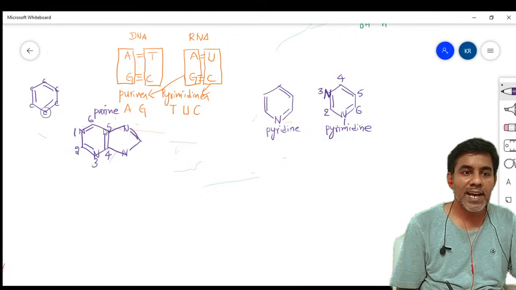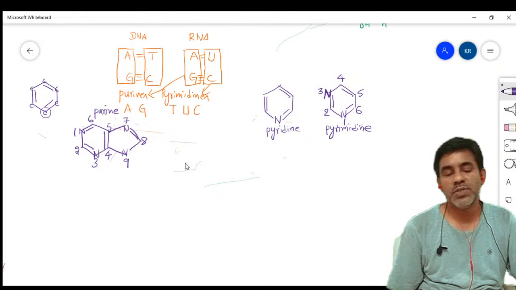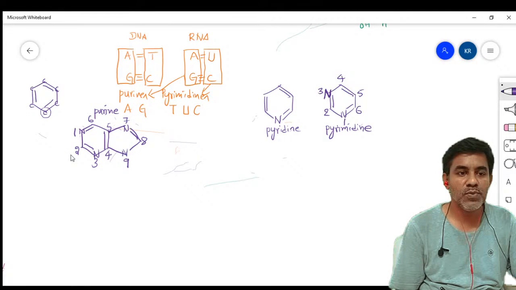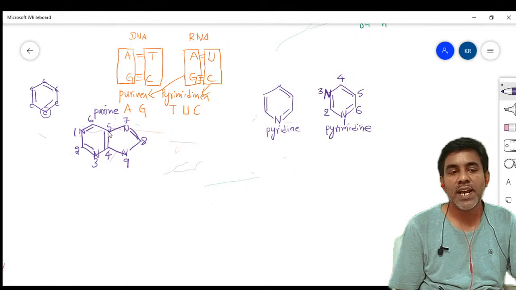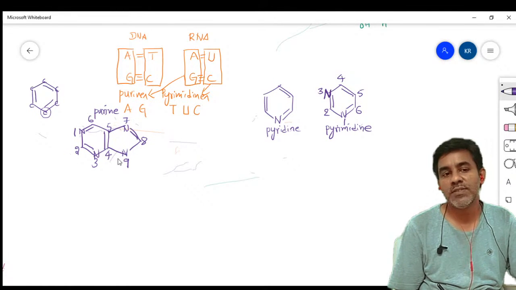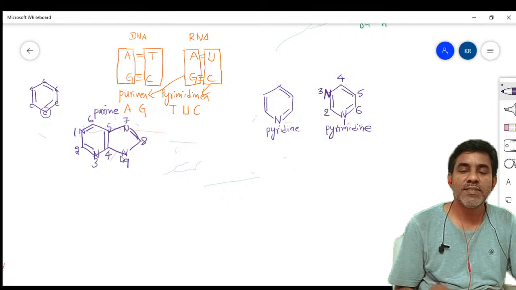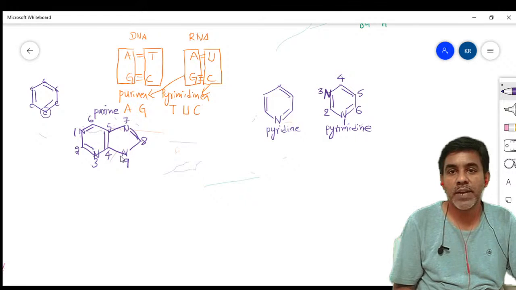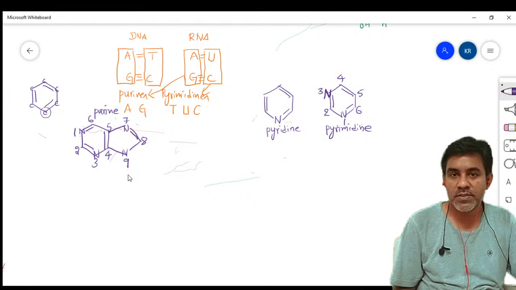First we wrote in the anti-clockwise direction, 1, 2, 3, 4, 5, 6. Then the second ring is 7, 8, 9, clockwise. In that system, we give the numbering. This is the numbering pattern. You have to remember this.